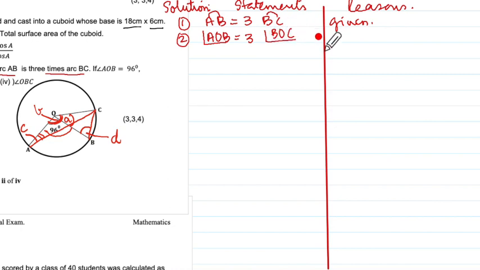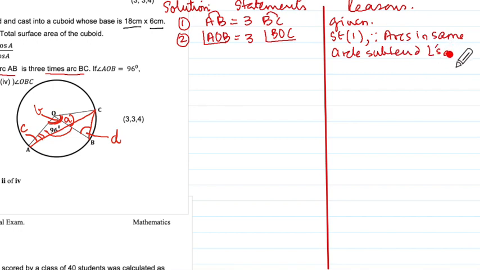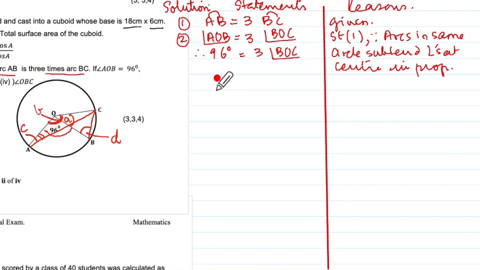So BOC. And this will be from the first statement, since arcs in the same circle subtend angles at center in proportion.